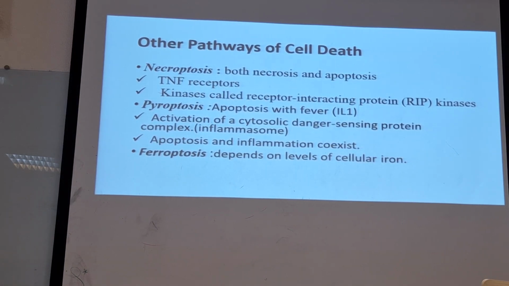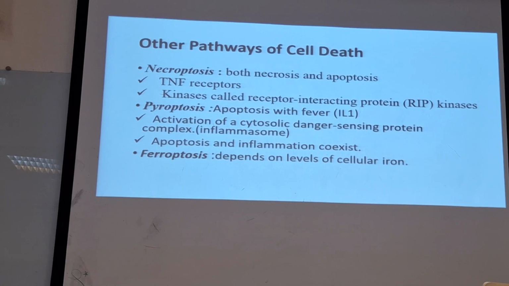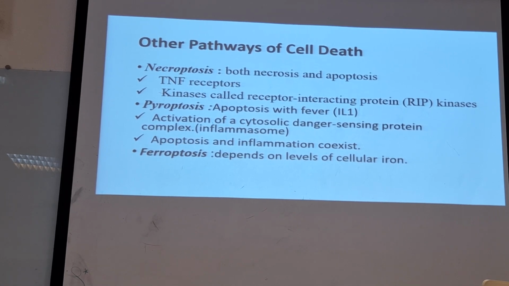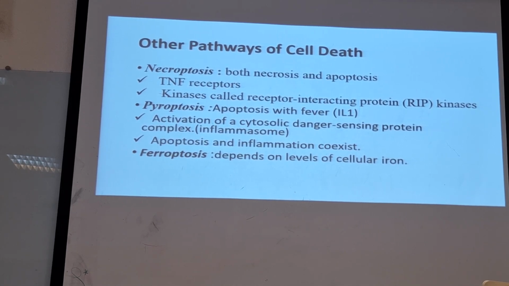These are not pure necrosis and not pure apoptosis. For example, necroptosis. Necroptosis is both necrosis and apoptosis. Then we have TNF receptor activation and some kinases called receptor interacting protein kinase, or RIP kinase for short.